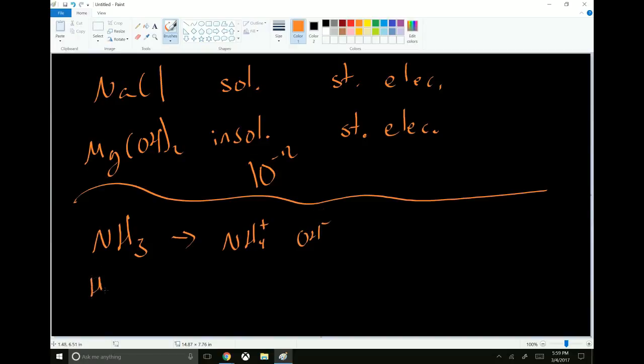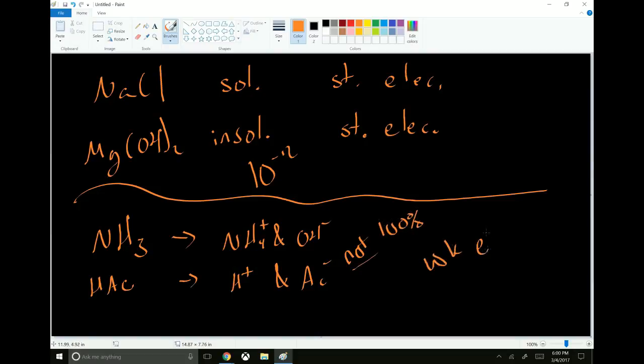Similarly, you have acetic acid. HAc is another way of writing that. It's a little bit faster than HC2H3O2. When you put it into water, it will produce H plus and Ac minus, the acetate ion. But this is not 100% for either of them.